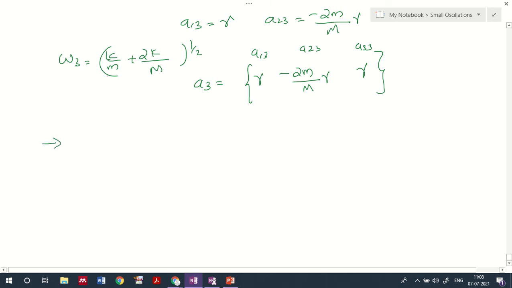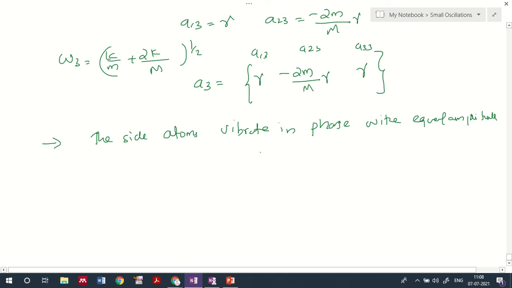In this case, when omega 3 equals (k by m plus 2k by capital M) raised to 1 by 2, with a33 equal to gamma, minus 2m by M gamma, and gamma, we can say that the side atoms vibrate in phase with equal amplitude, and the central atom oscillates out of phase with reduced amplitude.